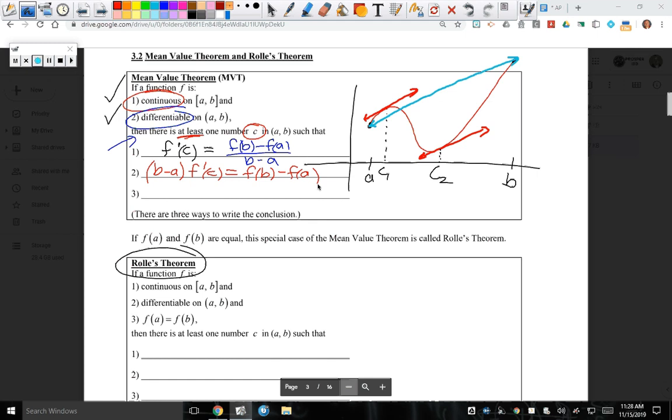I could even move something over, as far as saying f of B is equal to, move the f of A all the way over here and add the rest of this stuff. Otherwise, what you know as y equals mx plus b.